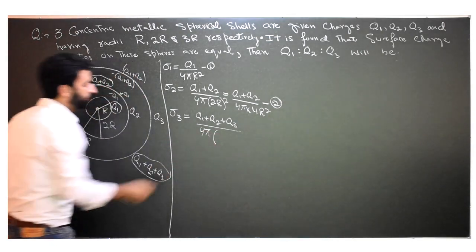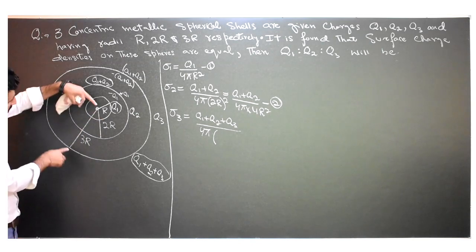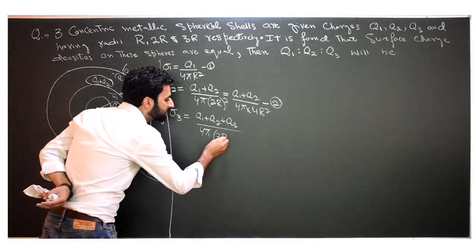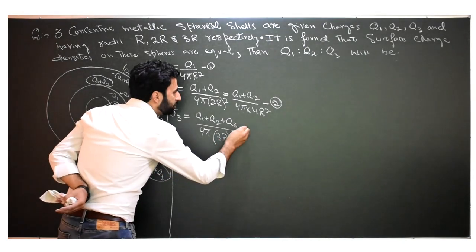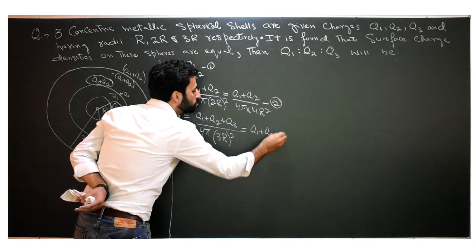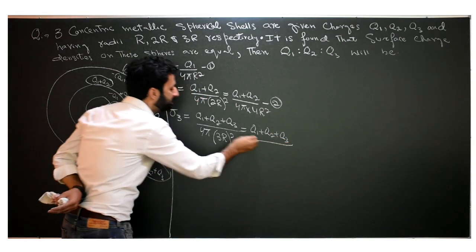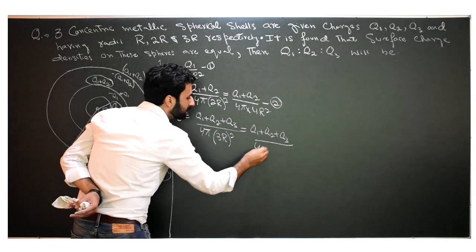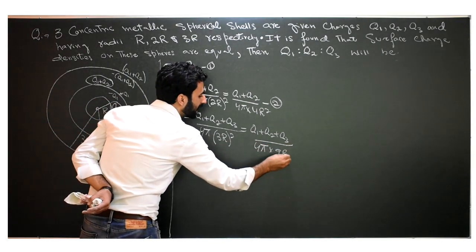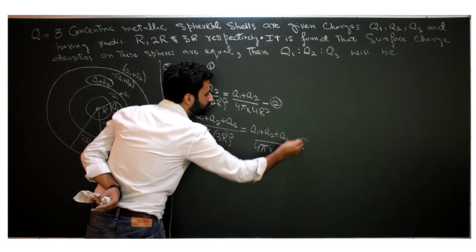What about the radius of the third shell? That is 3r. So it will be 4 pi into (3r) square. So it will be (Q1 plus Q2 plus Q3) divided by 4 pi into 3 3s is 9, into 9r square. Let's call this equation 3.